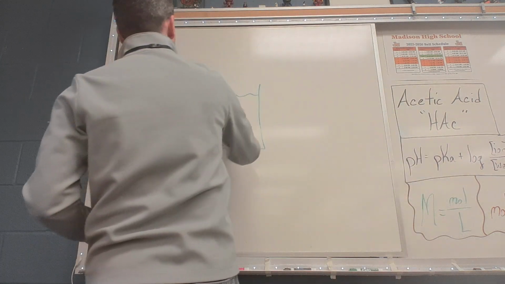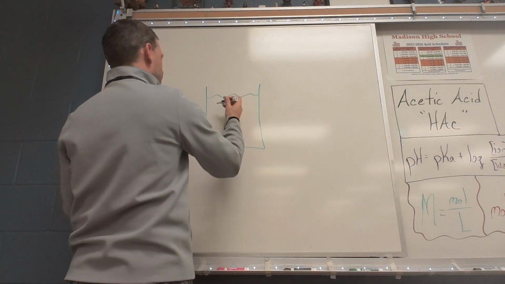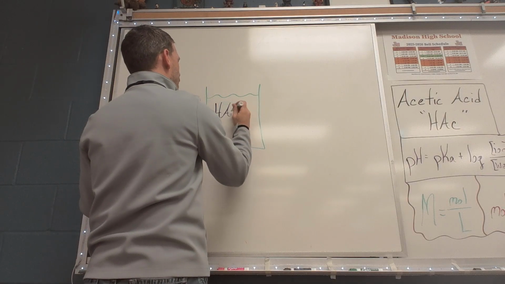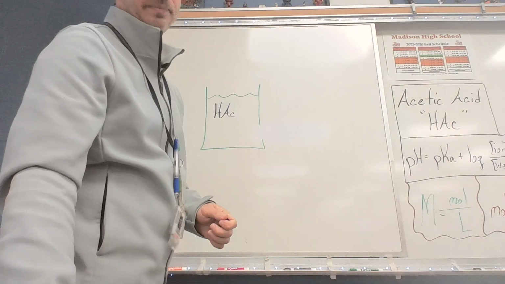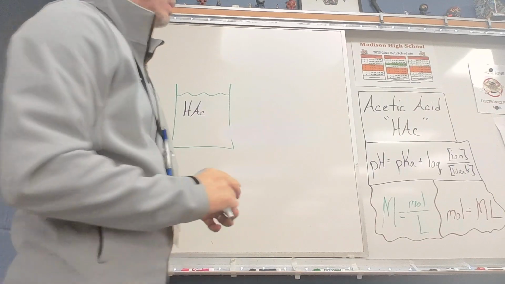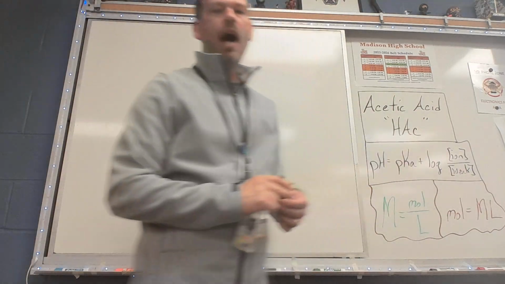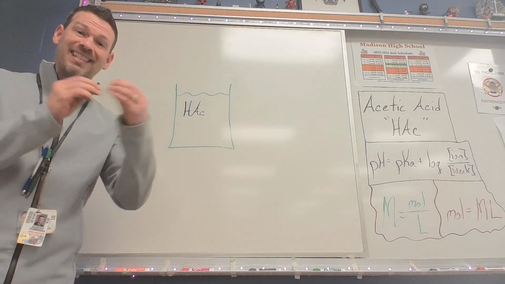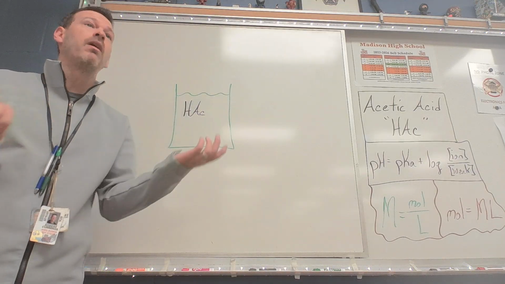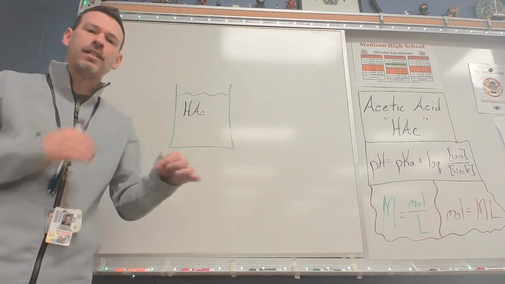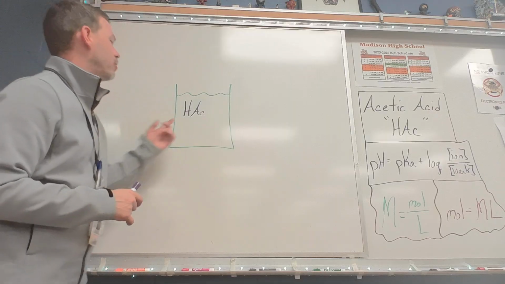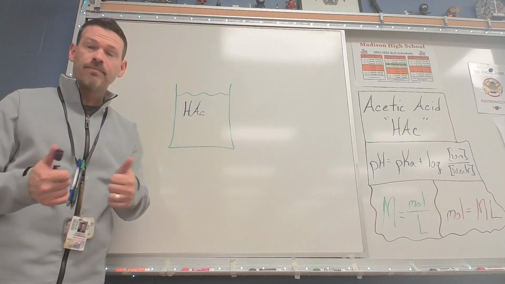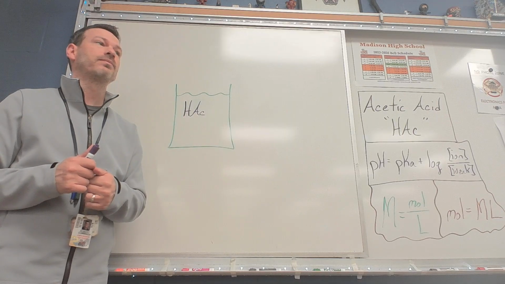Now, we have a shorthand for acetic acid that you are now allowed to use. It's HAc. Acetic acid is very commonly used in this, and the shorthand helps because acetic acid is an annoying formula to write a bunch. It's HC2H3O2. So acetic acid, weak acid, carbon containing.